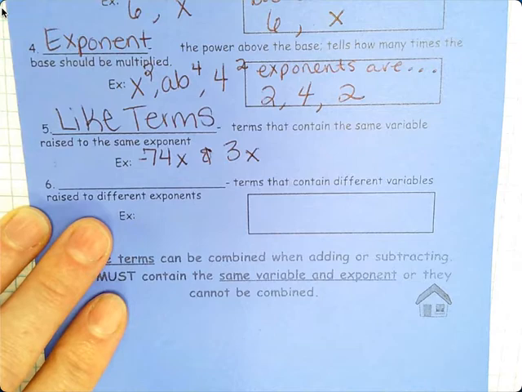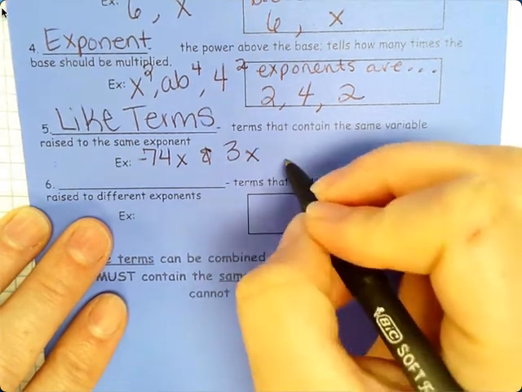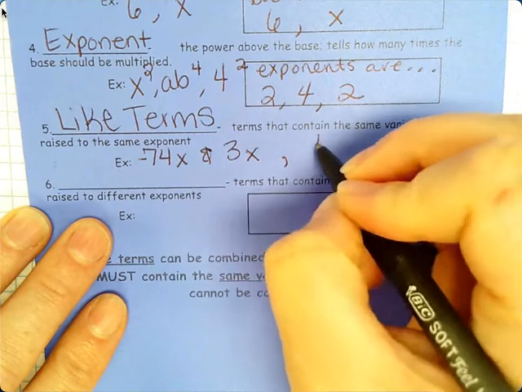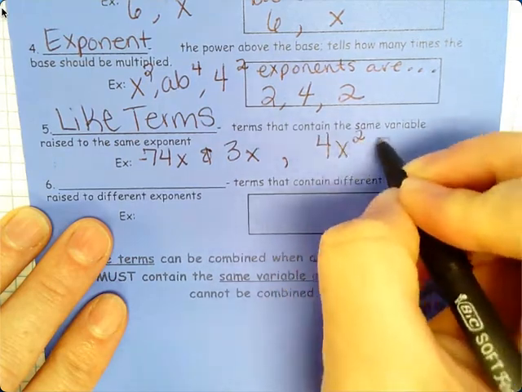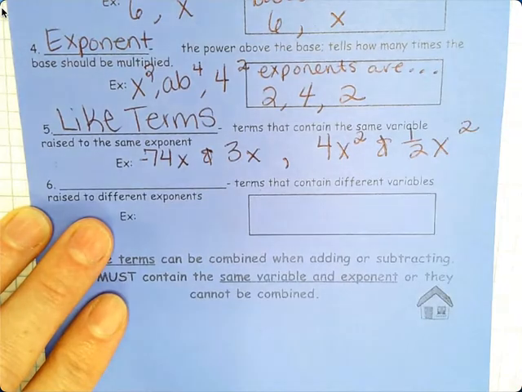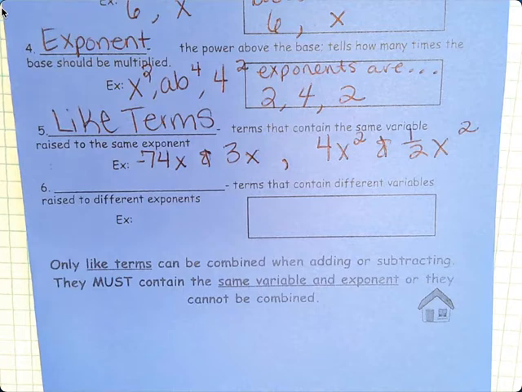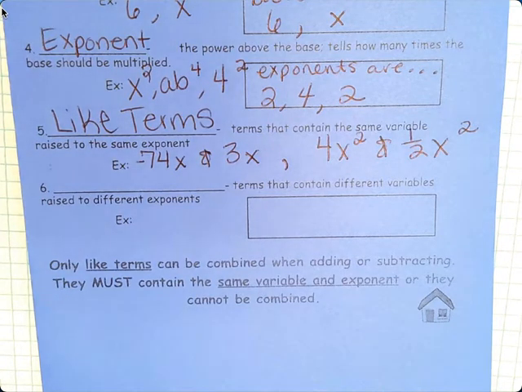Those are like terms. I'm going to put a comma. And then if I have 4x squared and 1/2 x squared. So it has to be the same variable, x, and the same exponent, x squared. So x cubed and x squared are not the same. They're not like terms.